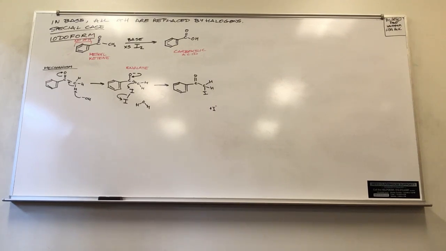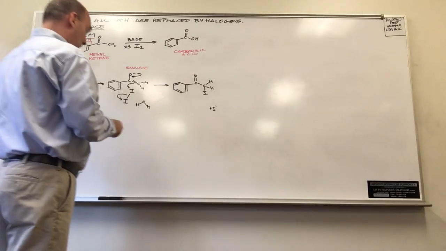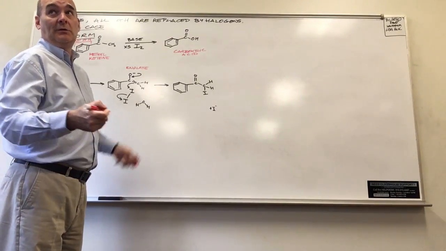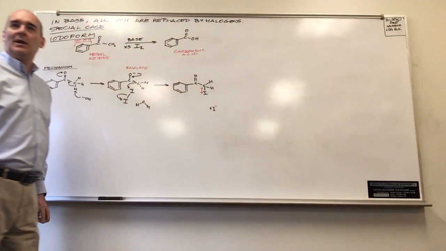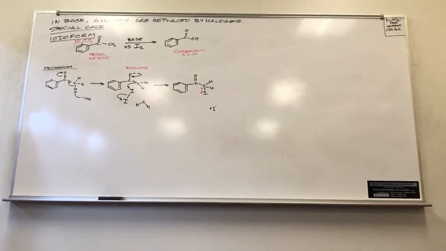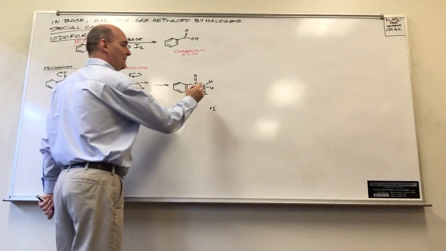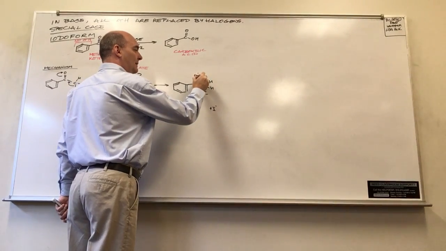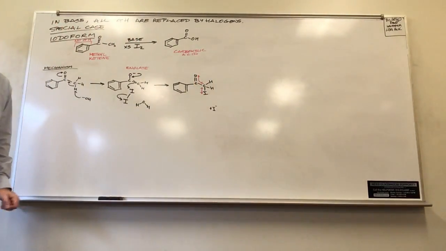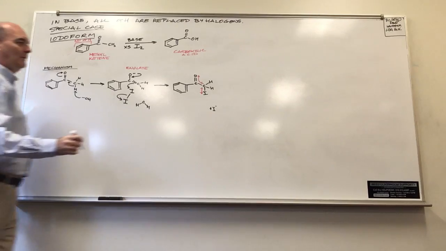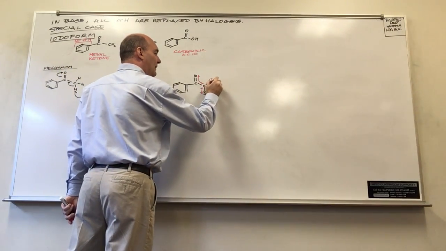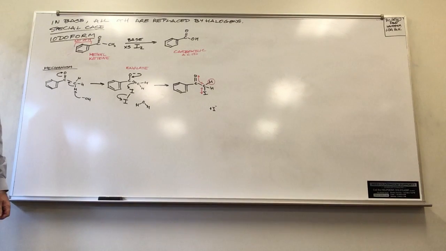Iodine's near the bottom of group 7, so it's not nearly got the electronegative power of a fluorine or a chlorine, but it is pulling electrons away. And the pi system is pulling electrons away up into the oxygen. How do you think that makes that hydrogen right there feel? Atoms don't feel anything.